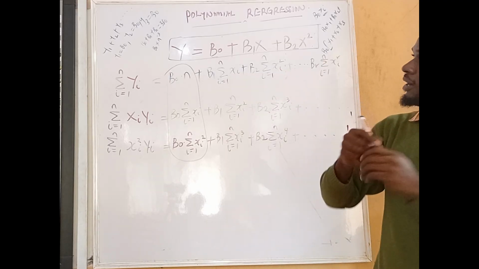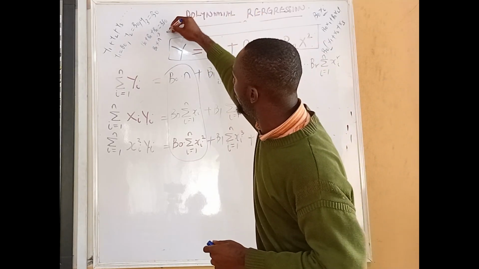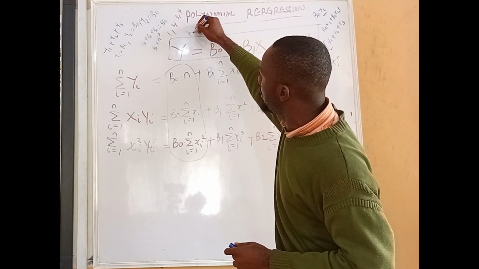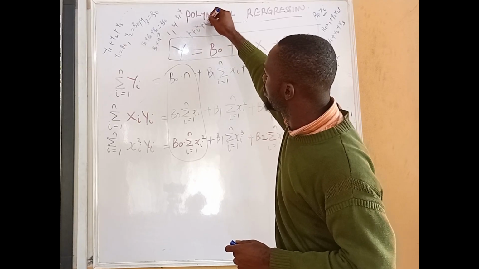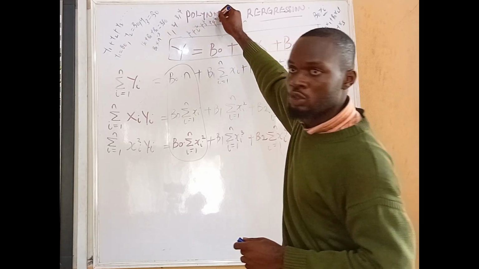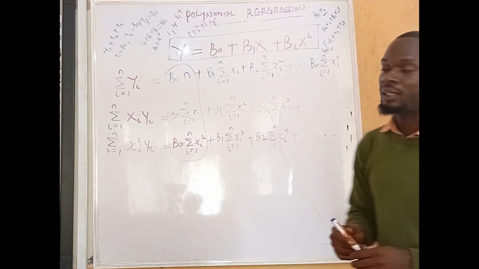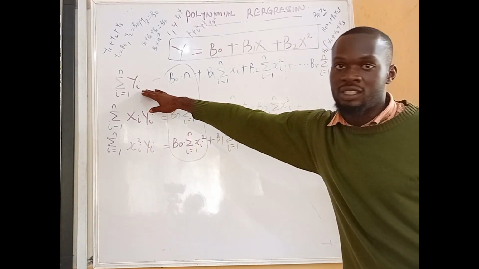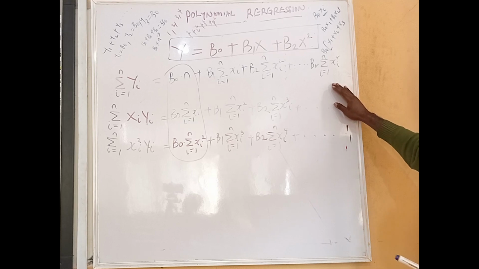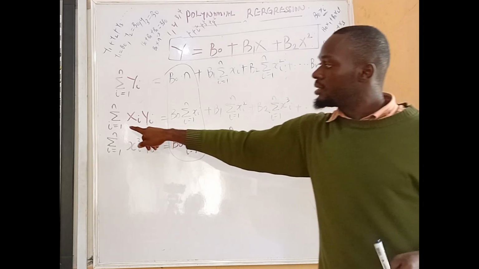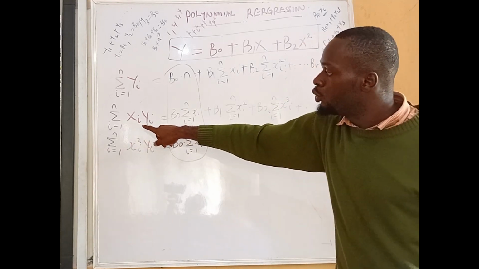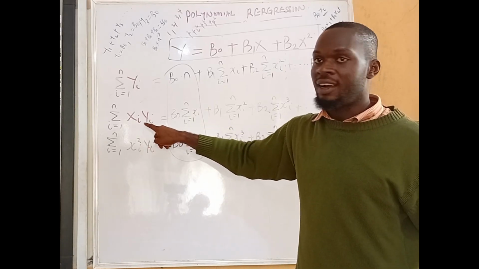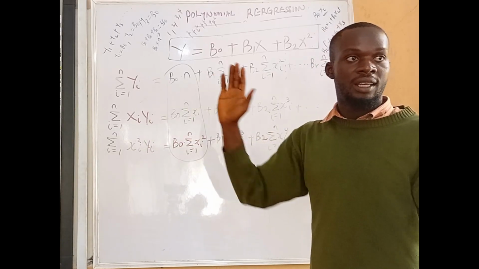Once we have 1, 2, 3, 4 as values of s, do 1 squared plus 2 squared plus 3 squared plus 4 squared. You now add everything together. Then you've gotten your first equation. The second equation says that you should multiply corresponding values of s and y, then you add it.